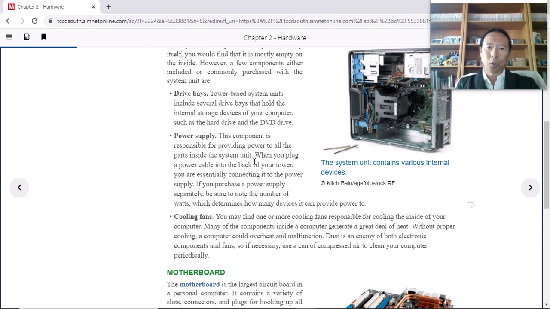You better hook up to the wall outlet. When you are hooked up to an AC, it will keep charging your battery. If you don't do that, you run out of your battery. You don't have a battery, you don't have a wall outlet, you can do nothing. Your computer, there's no power here. So that's the power supply.